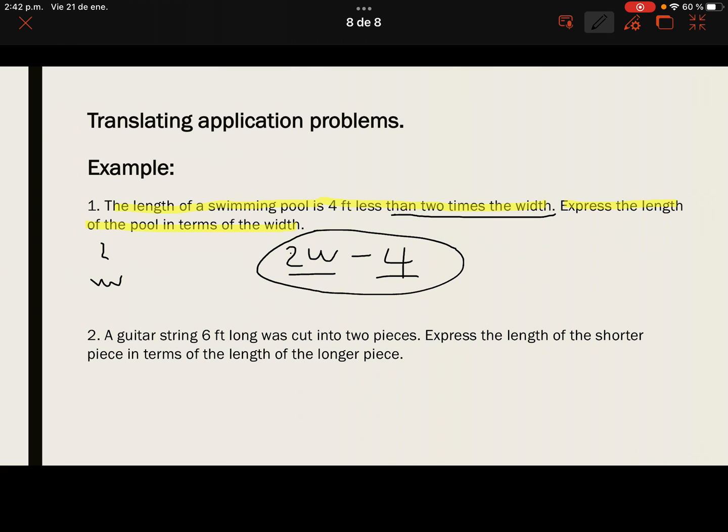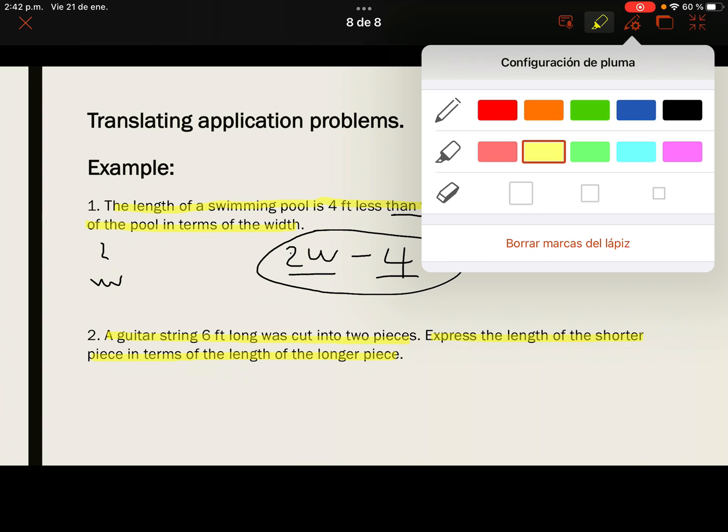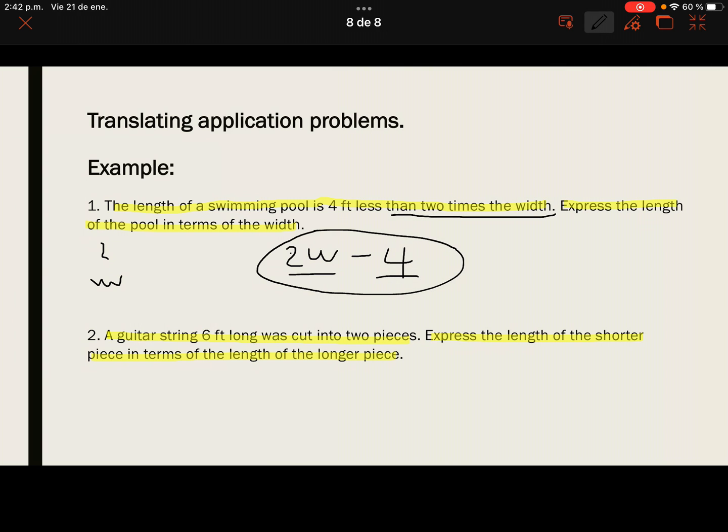The next word problem: a guitar string 6 feet long was cut into 2 pieces. Express the length of the shorter piece in terms of the length of the longer piece. Let's do it.